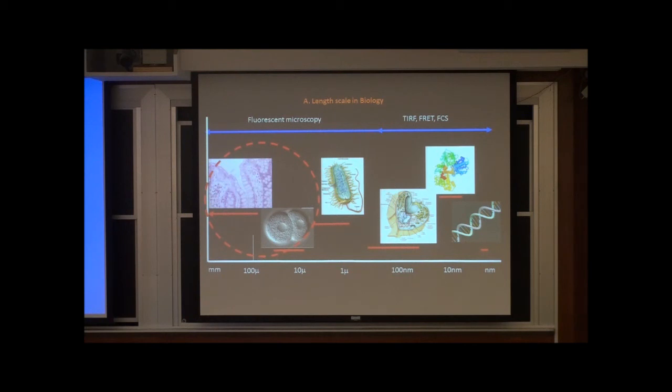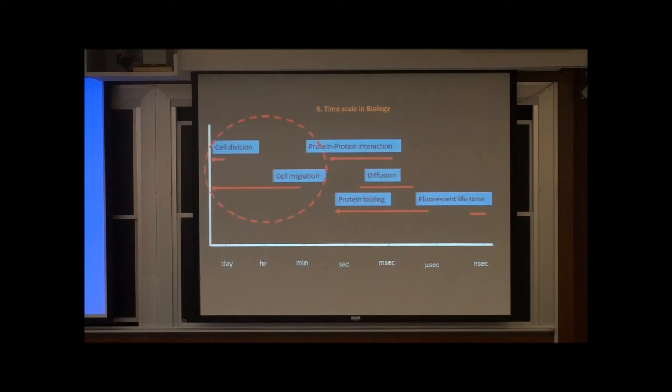So we need a larger length scale, from micron to millimeter, with single cell resolution. And also because we want to track those cells, we want to see a really large 3D stack at millimeter length scale over time scales of several seconds to even days.